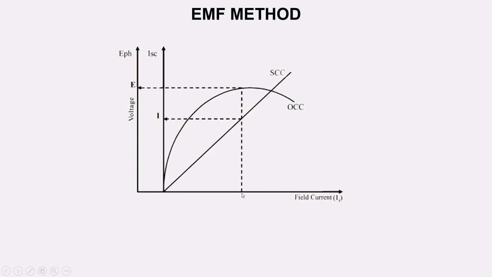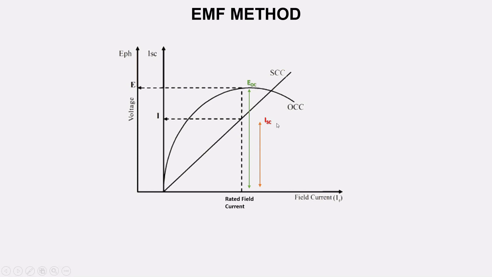Draw a perpendicular line from the x-axis at a value of rated field current. This is the rated field current. This segment is the induced EMF at rated field current, and this segment indicates the short circuit current which is circulated at rated field current. Note down these values.